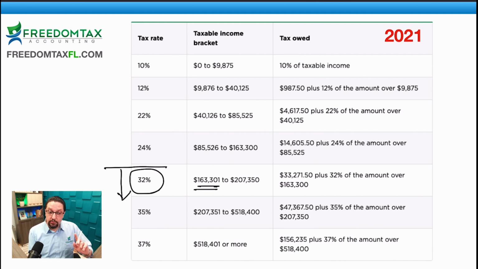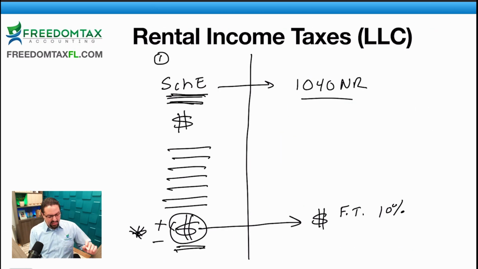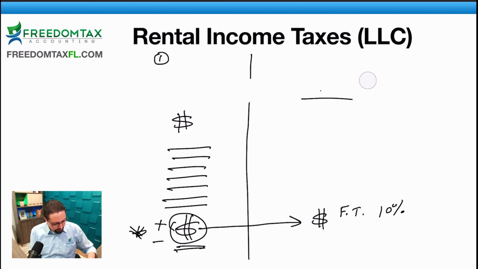In those cases, the advantage of the LLC is that it is flexible on how it can file taxes. Once you reach that point of rental income, you can tell the IRS that you don't want your LLC to pay taxes under the Schedule E, and you can tell the IRS that you want your LLC to pay taxes as a corporation under Form 1120.